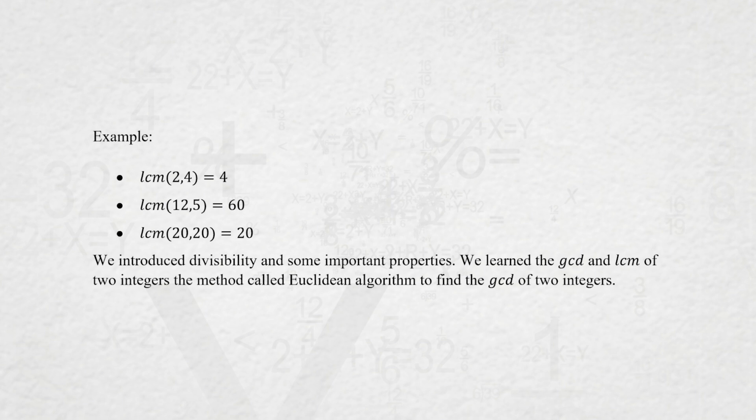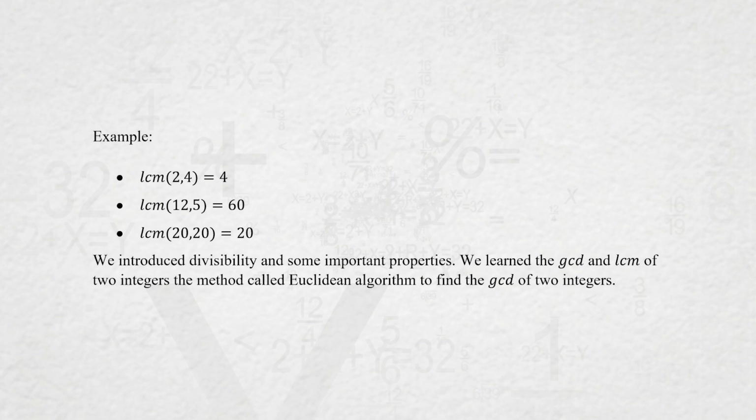For greatest common divisor, we had greater than or equal to. Here, since this is a least common multiple, we have L is less than or equal to any other multiple. So, now consider these examples. LCM of 2 and 4 is 4, and LCM of 12 and 5 is 60, LCM of 20 and 20 is again 20.